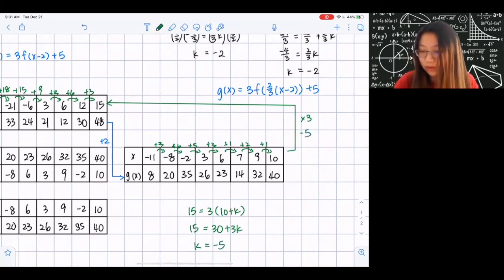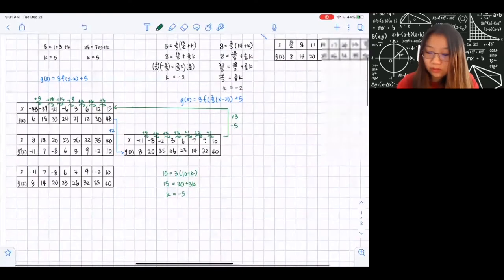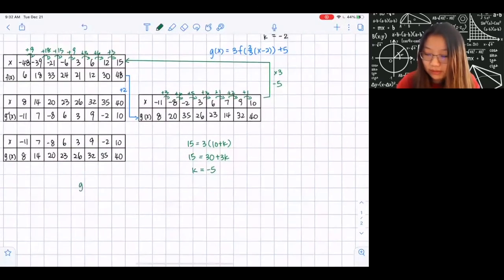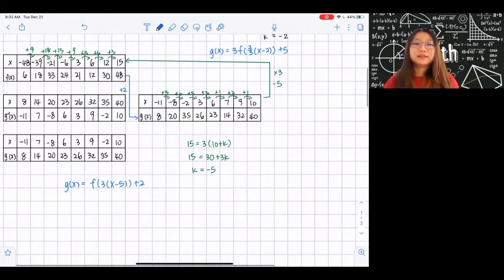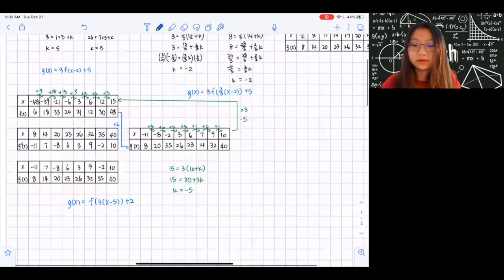So I subtract 5 here, and what will be my final equation? I'm going to use blue just to be consistent. g of x equals f of 3x minus 5, plus 2. Okay, that's it for this video and I hope you enjoyed it.